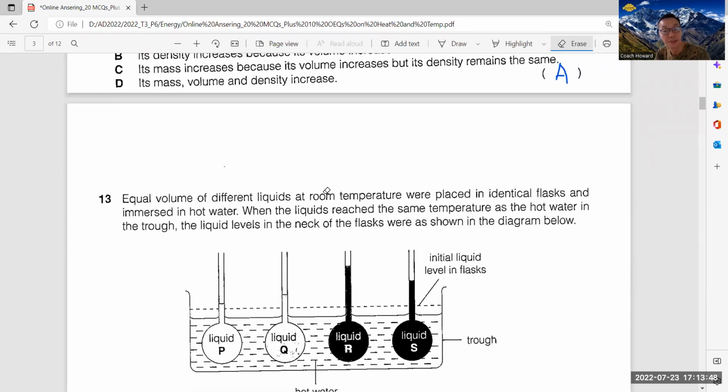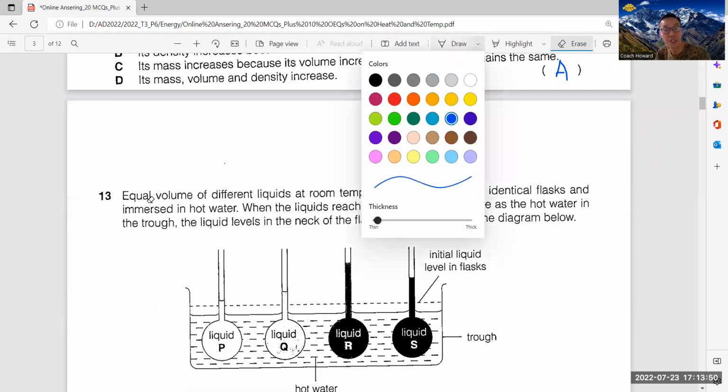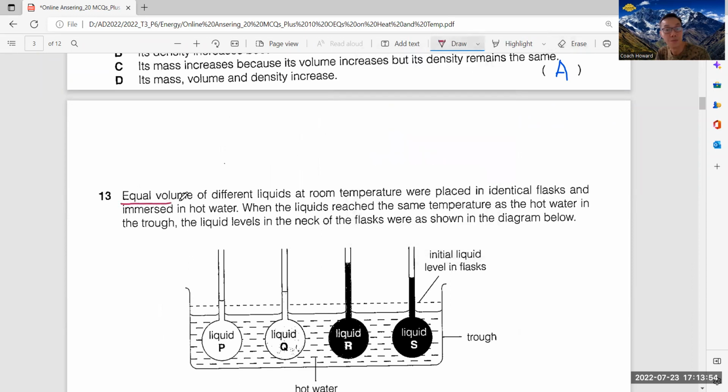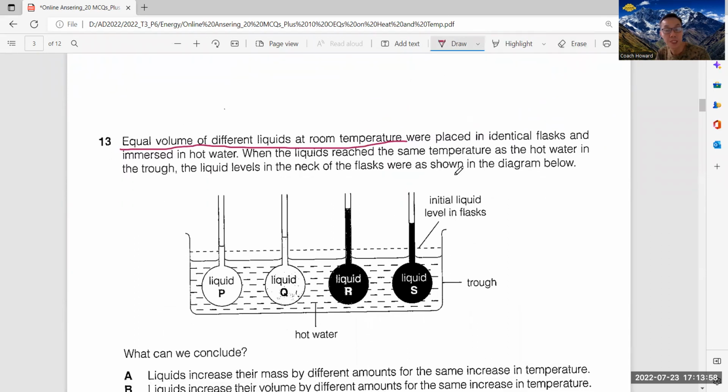Okay, next one. Okay, this one, you take note of this. Underline the words equal volume. Different liquids at room temperature. So in the beginning, the four liquids here have the same volume, but now they are put in this trough, this container, and it's hot water. So the hot water will cause the four liquids to gain heat and expand.